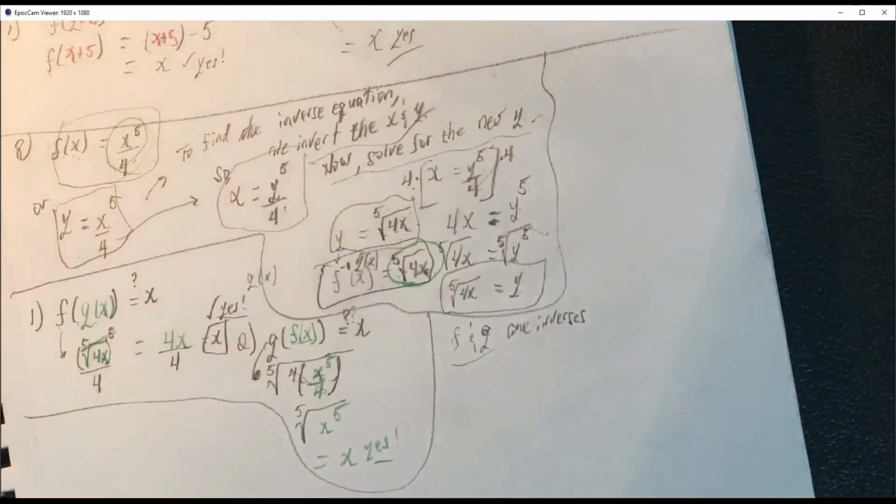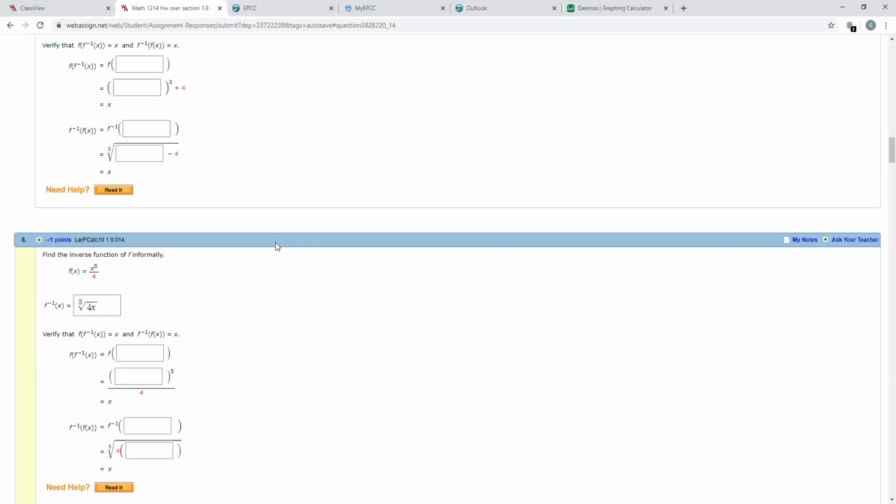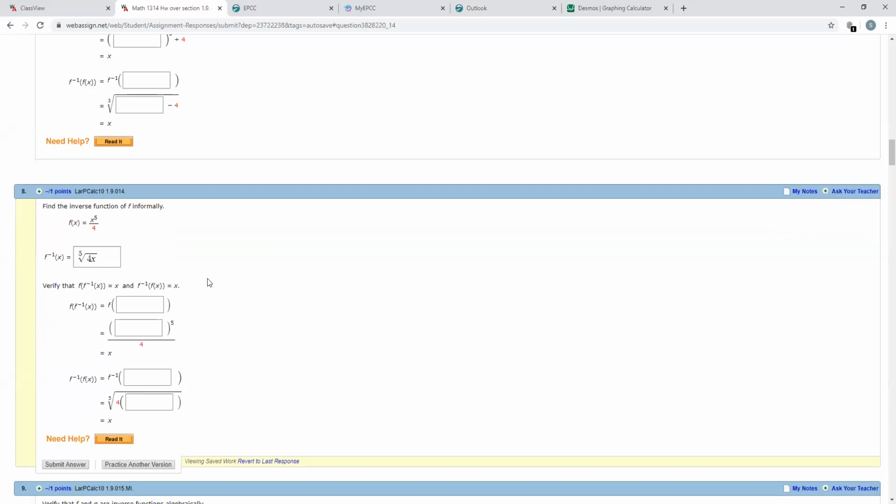Go back to WebAssign. This was number 8. So we already had found the inverse before, a few minutes ago. Now we're doing this part. So F inverse, which is like our F of G. What goes right here?